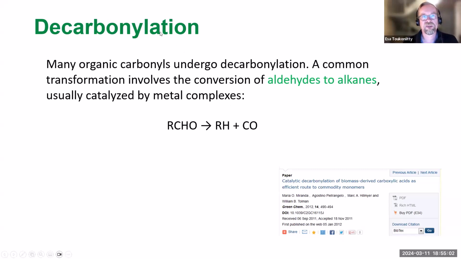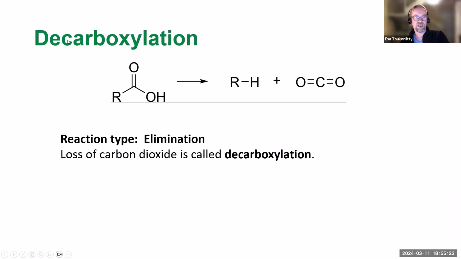And here are two reactions that can help you to remove it. Here the aldehyde group CHO can be converted to hydrocarbon and you get carbon monoxide. This is called decarbonylation. And then the other alternative is decarboxylation. This is a carboxylic acid converted to carbon monoxide, and then you get an alkane.